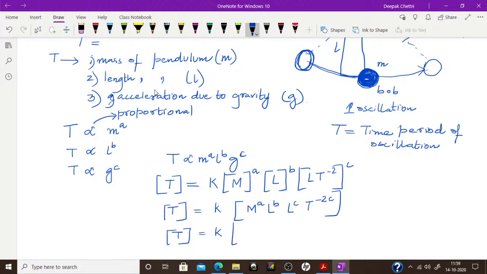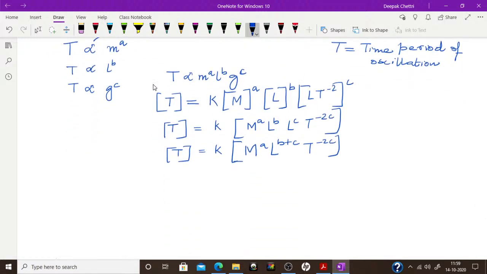So k, this will be m^a l^b plus c t to the power minus 2c, right? Now this one, so k.